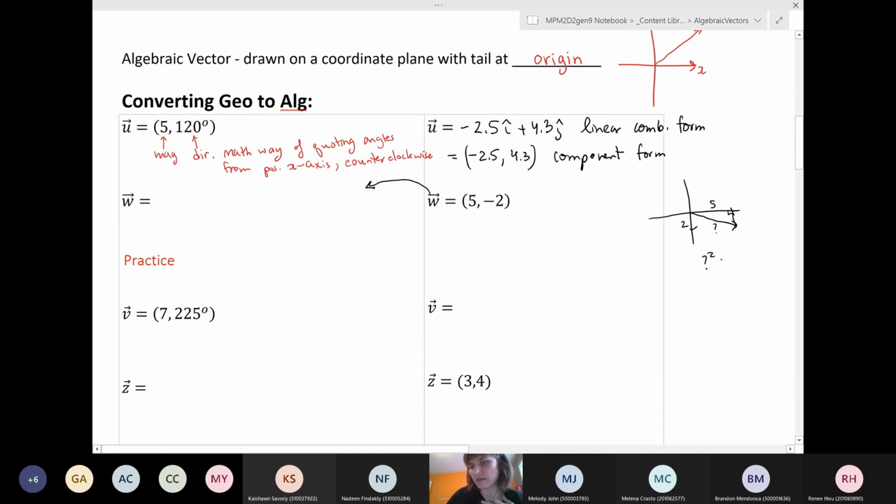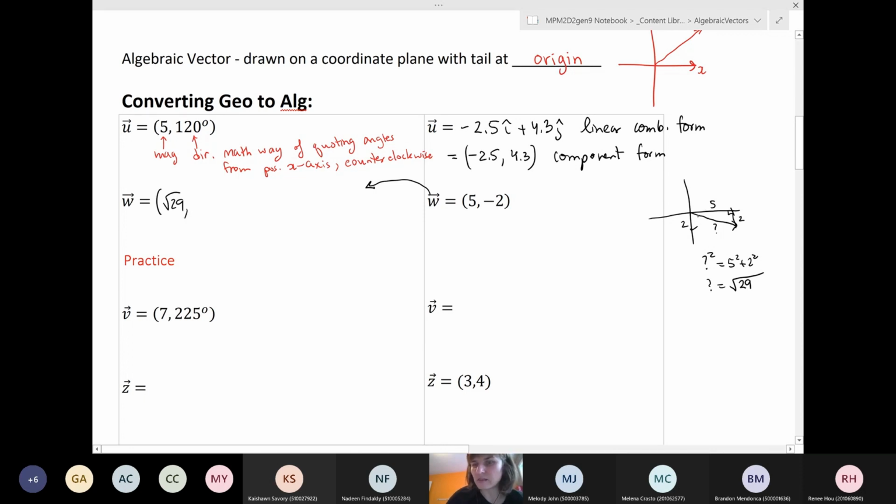You're going to say it is 5 squared plus 2 squared, because that's the sides of the triangle that is being created here. And so this will be square root of 25 plus 4. What's 25 plus 4? 29. That's correct. Okay, and so here you would say it is square root of 29, comma, what is the angle?